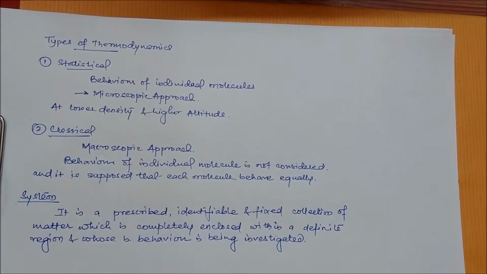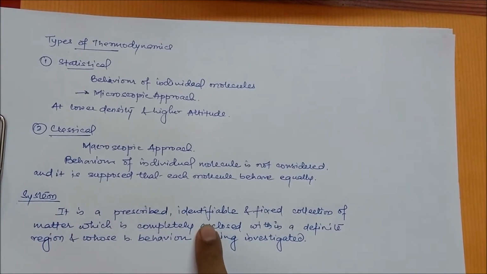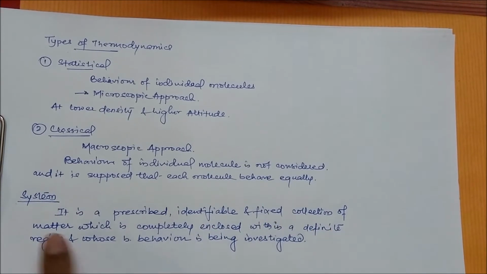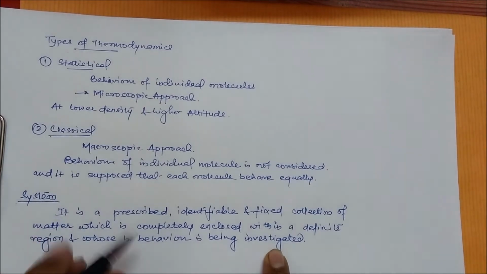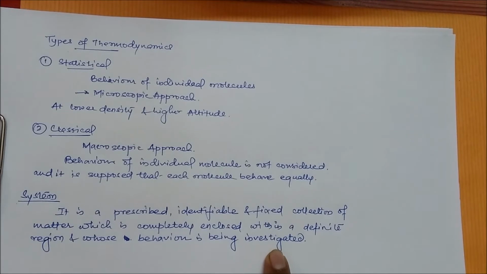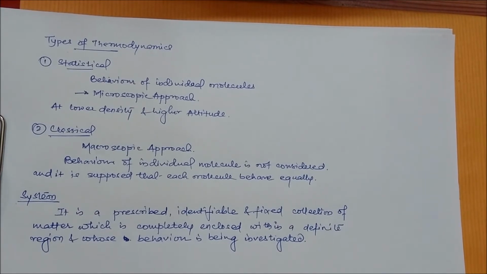See, previously we have discussed that system is a region in space upon which our study is focused. So, elaborating that, we can say the system is a prescribed, identifiable and fixed collection of matter which is completely enclosed within a definite region whose behavior is being investigated. Right.